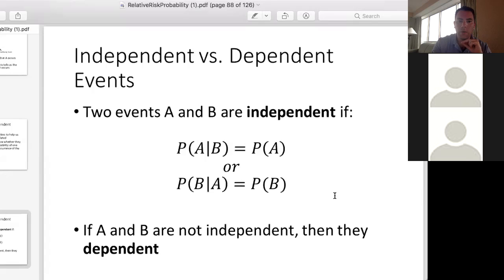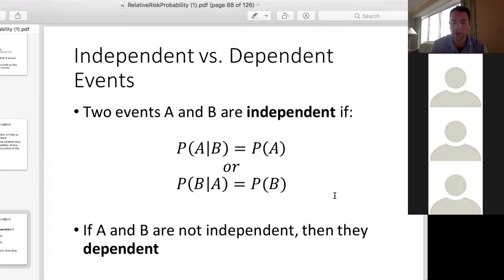So we like independent events because they're easier to work with as far as calculating joint probabilities is concerned. If we have independent events, we can just multiply the unconditional probabilities to calculate the joint probability.